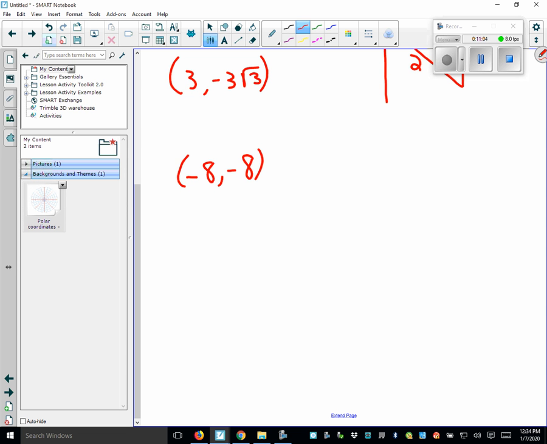So what is r? R is the square root of x squared plus y squared. 8 squared is 64, so 64 plus 64.